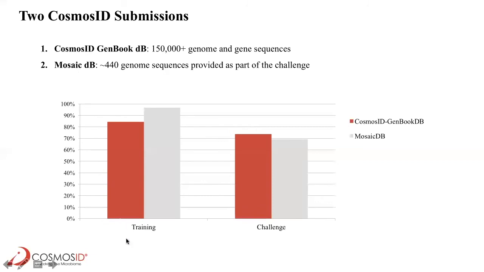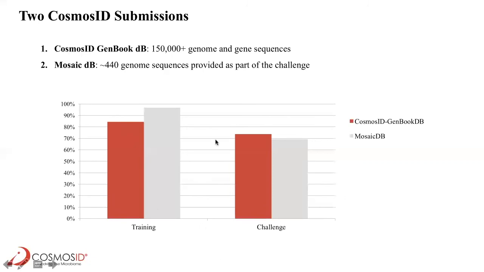As you can see in the training data set, the big GeneBook database with 150,000 did not perform as well as the Mosaic database, because most of them are in silico and do not represent the true biological diversity.